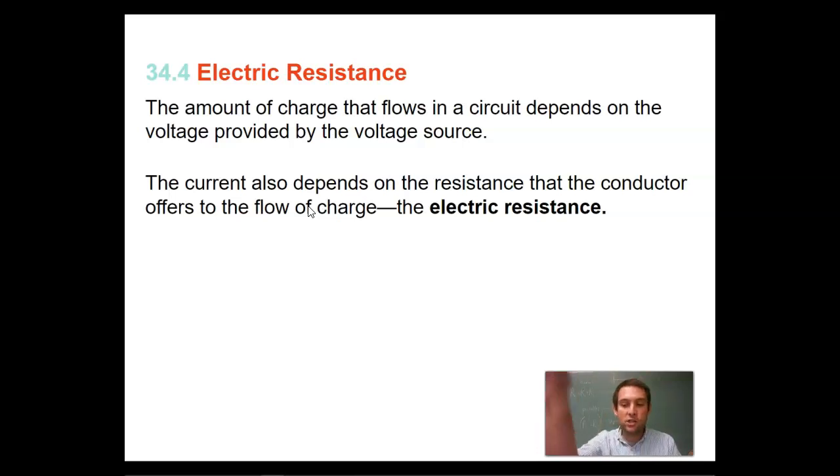Remember in my analogy of the river, where you're going from a high elevation to a low elevation, that's what causes the flow of the water, the river. Well, if the flow of water is the current, the difference in elevation is your voltage, then the little rocks scattered along this river are going to be your resistance.